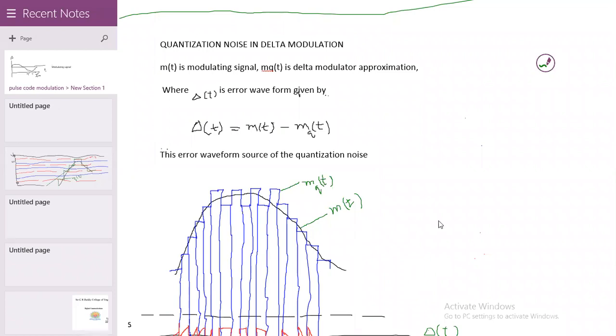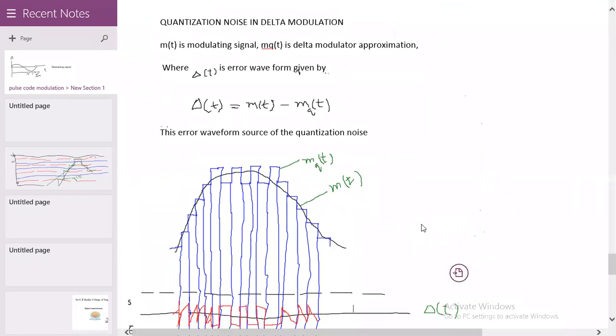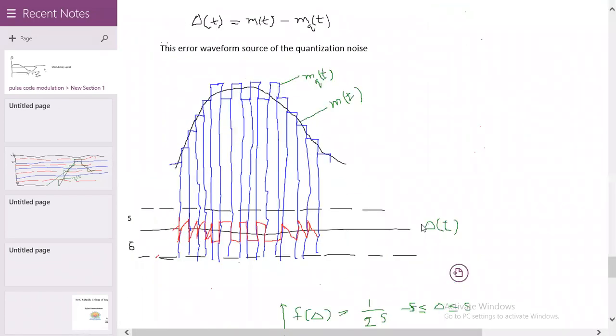Now, please listen to me. Here we can observe the error waveform, right? The error waveform of quantization noise is like this. Here we can draw this modulating signal, and then we have to draw this delta modulator approximation, that is nothing but a step size signal.